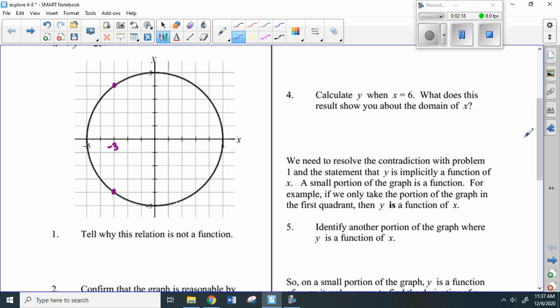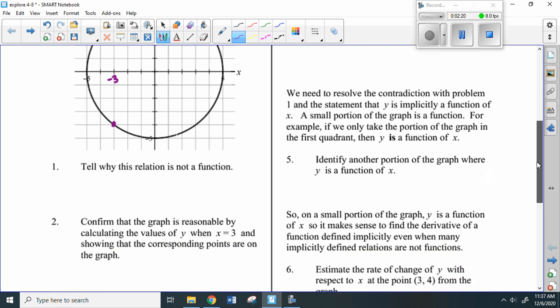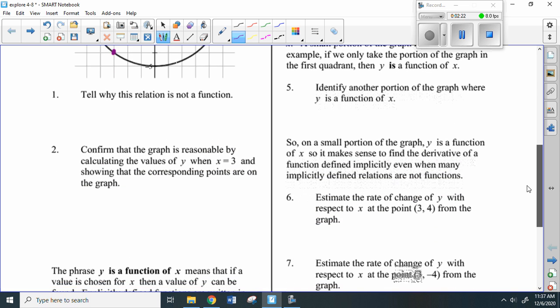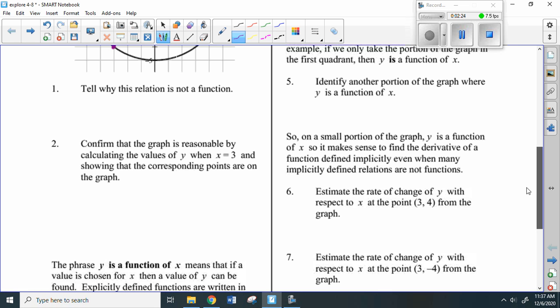Okay, now the next question says, let's confirm that the graph is reasonable by calculating the values of y when x equals 3, and then showing that the corresponding points, plural, are on the graph. Well, the function was the circle x squared plus y squared equals 25. So they want us to confirm, right?